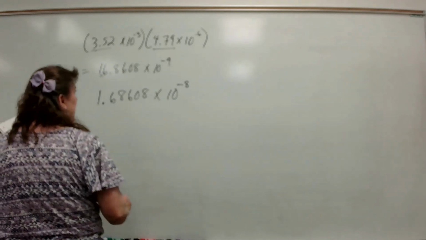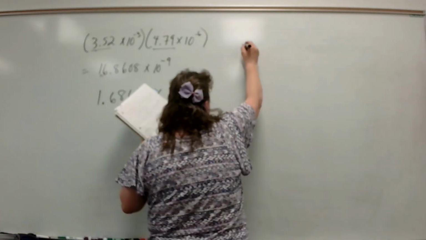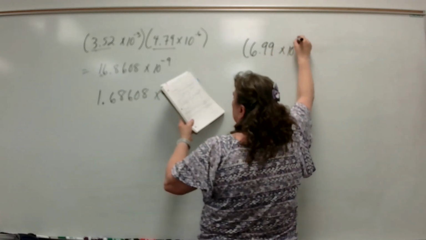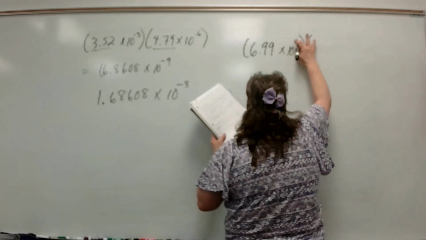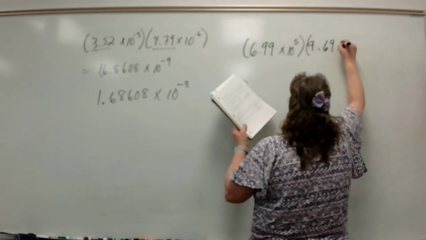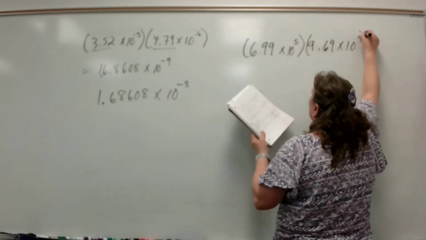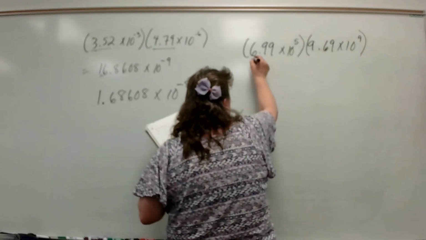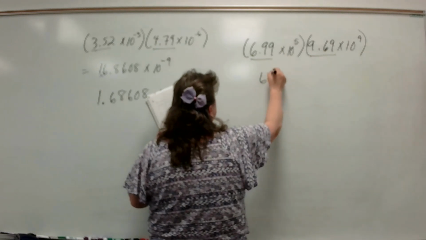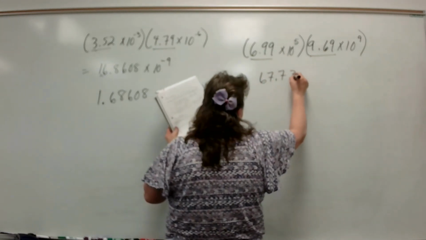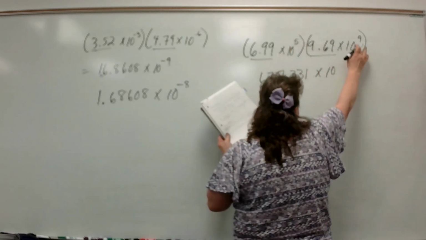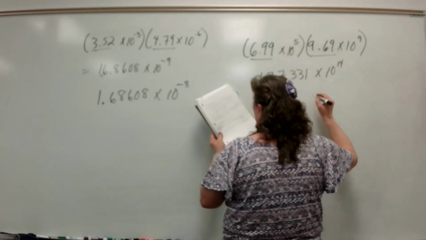Okay, one more. 6.99 times 10 to the 5, 9.69 times 10 to the 9. Again, multiply these two together, and I get 67.7331 times 10. 5 plus 9 is 14.